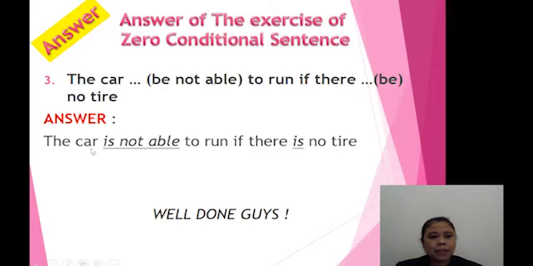Because the subject here is a singular subject, the car, the be used is. The car is not able to run if there is no tire.